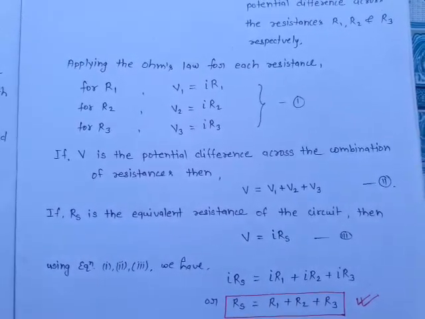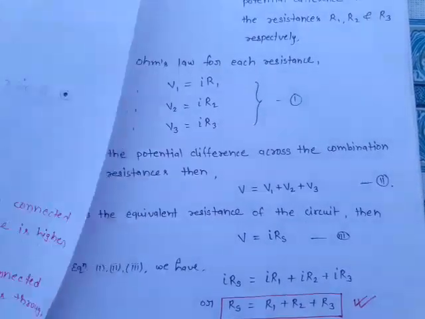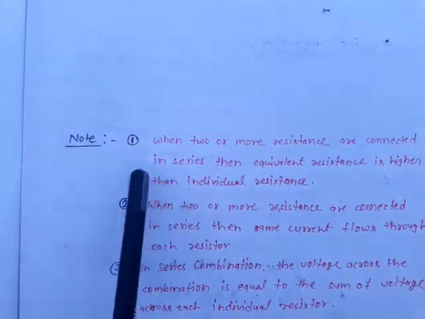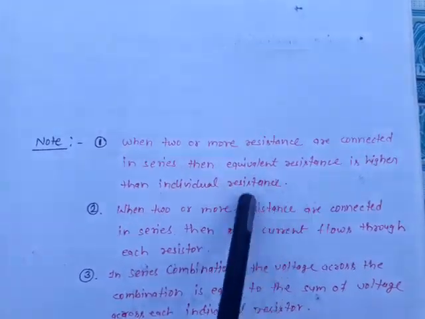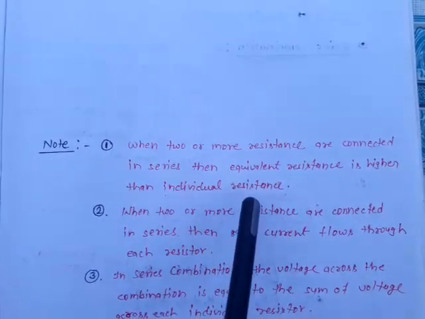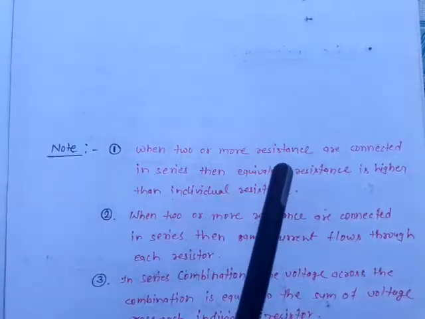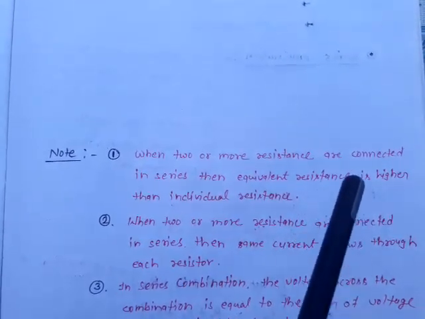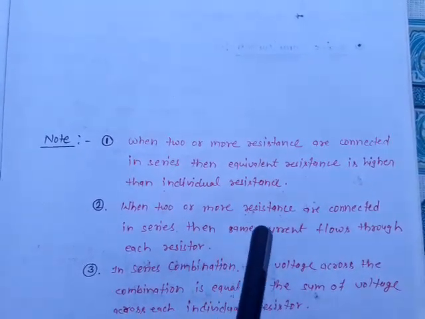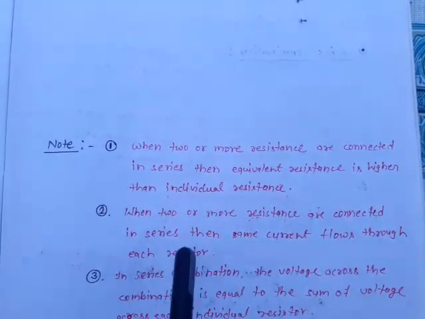On the basis of this series combination, we find some important results, which are: first, when two or more resistances are connected in series, the equivalent resistance is higher than the individual resistances. Second, when two or more resistances are connected in series, the same current flows through each resistor.